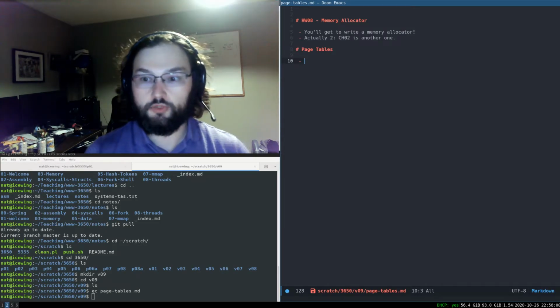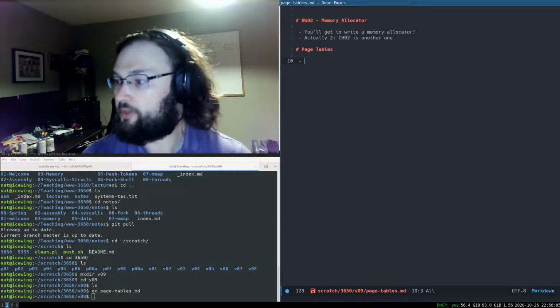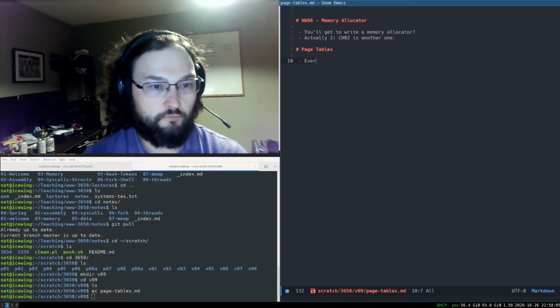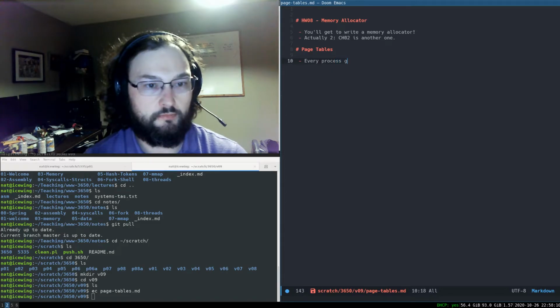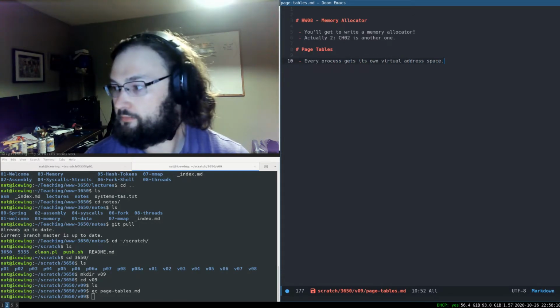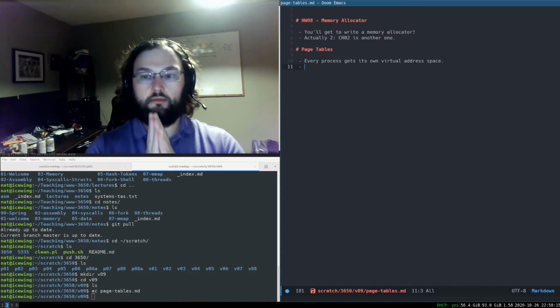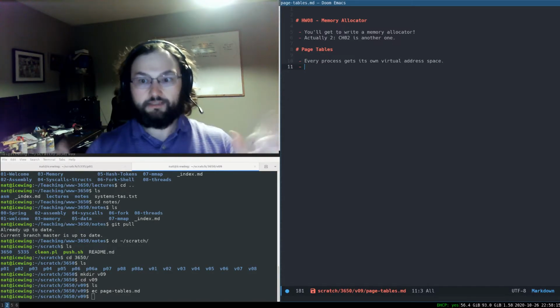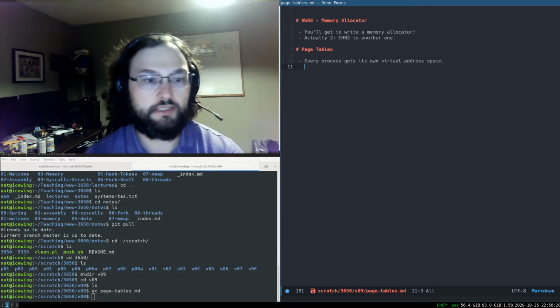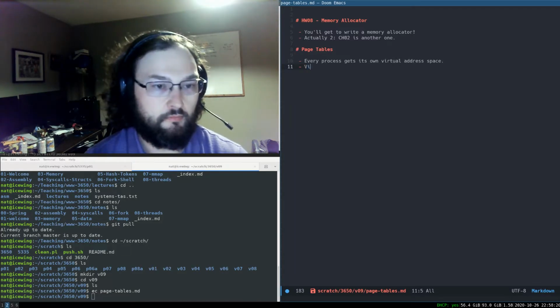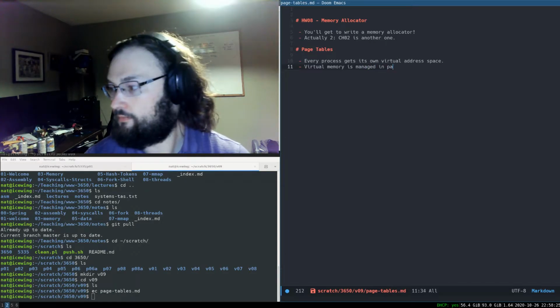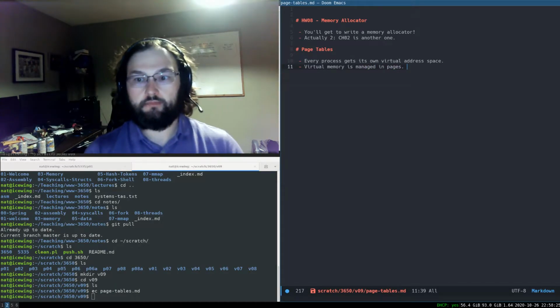So we talked about virtual memory a little bit previously. The basic idea is that every process gets its own virtual address space. And memory, as seen by the process, and memory in the system, is managed in pages.